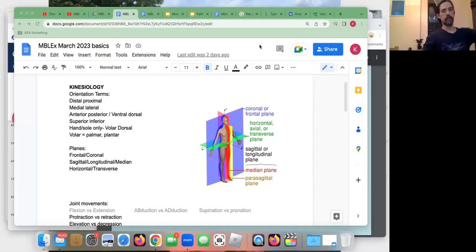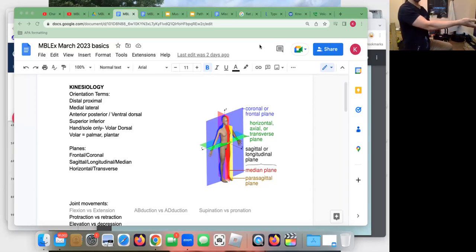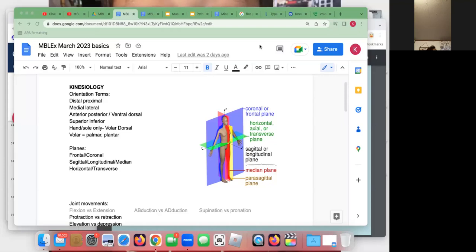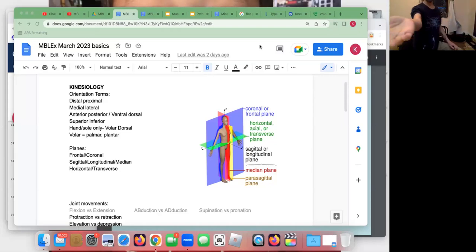And at the elbow, please go ahead and mute yourselves. At the elbow, there's also rotation, although it's called pronation and supination, right? Pronation and supination. Let's see if I'm missing anything. Okay, that's good for that.